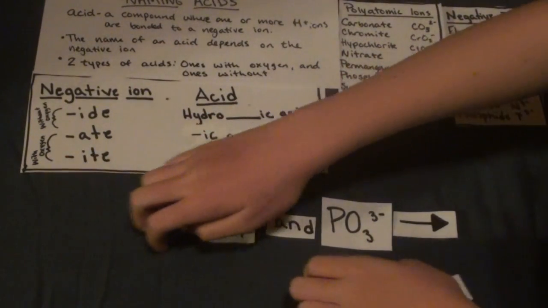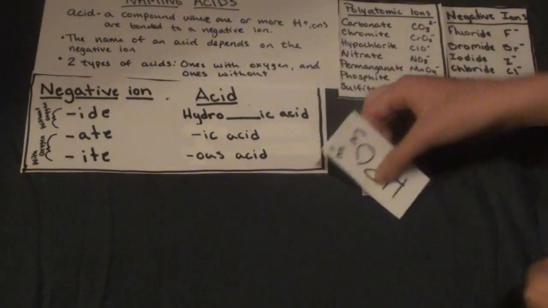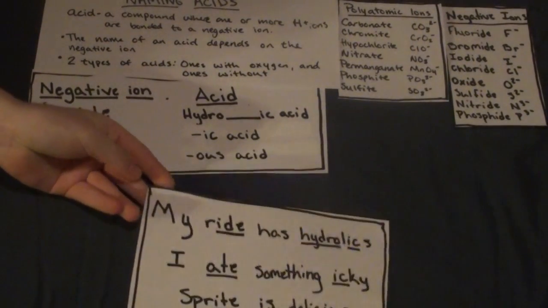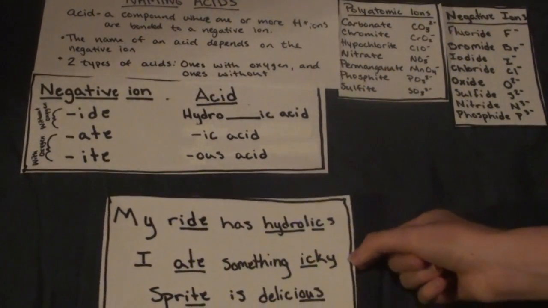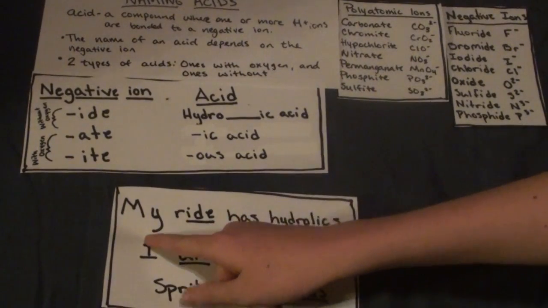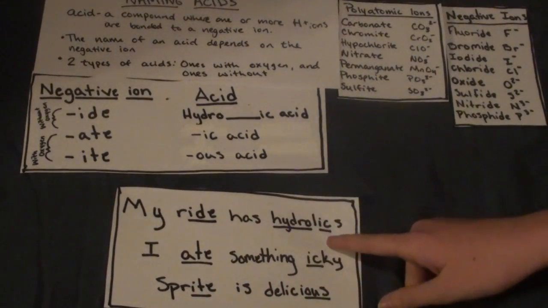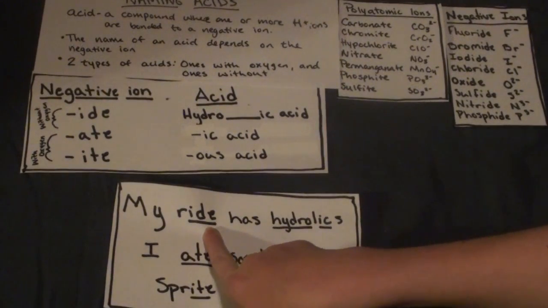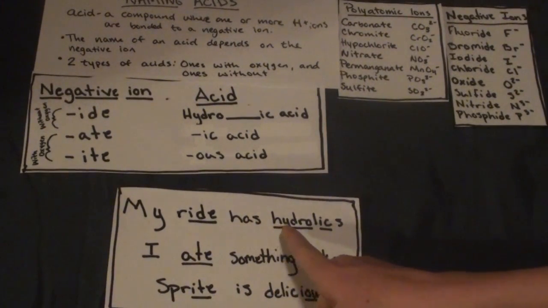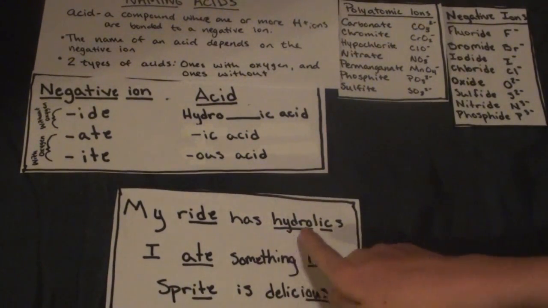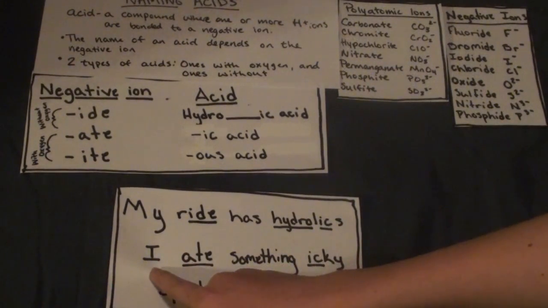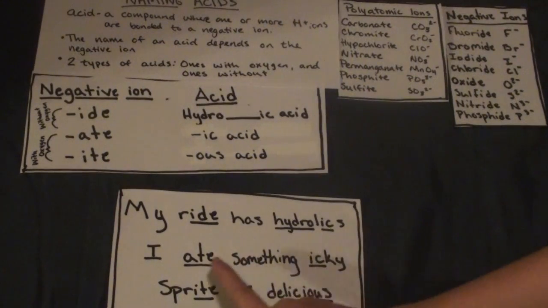Now, we have a funny way to remember these rules. We did not make these up, we found them on a YouTube video. The first one says, my ride has hydraulics. You can remember this because the first rule says that IDE ending turns into hydro-IC acid. The second rule is I ate something icky.